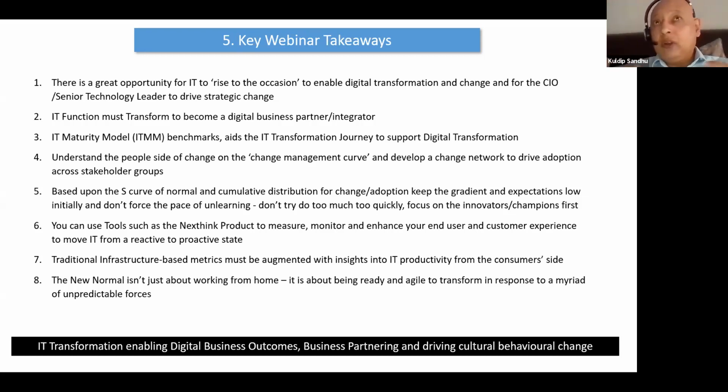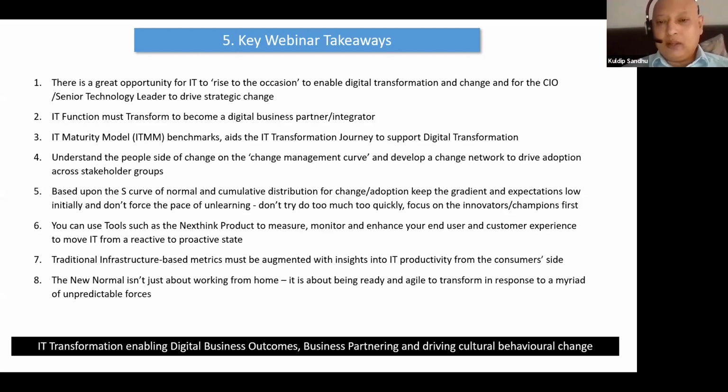It's all about supporting self-service and learning and sharing knowledge so that users can tackle those issues quicker, faster, better. I think David has quite clearly articulated it's not just about infrastructure-based metrics. We now need to really augment our insights around supporting IT productivity from a consumer perspective. And the new norm is not just about working from home.